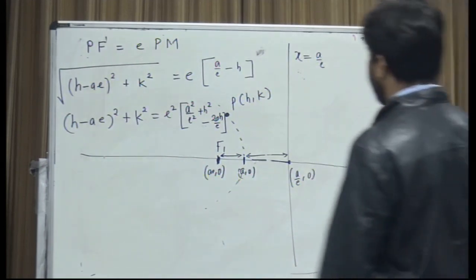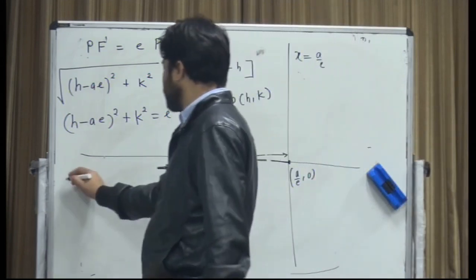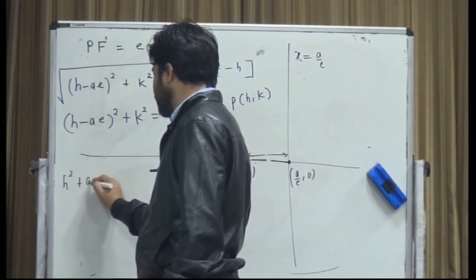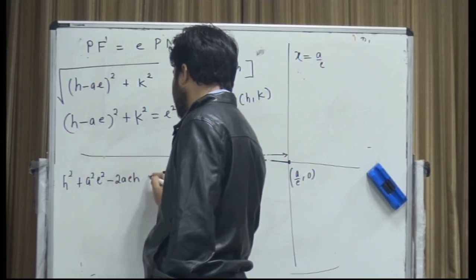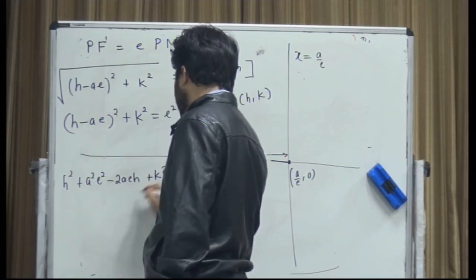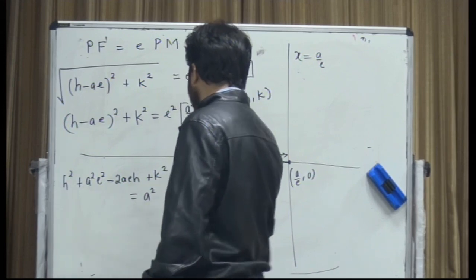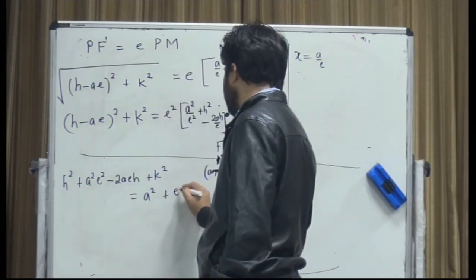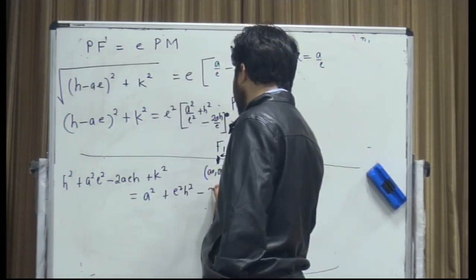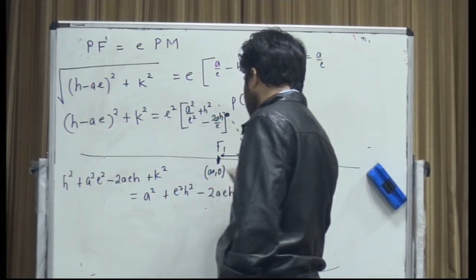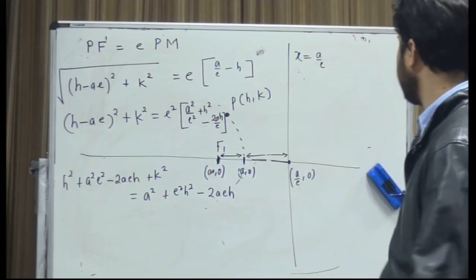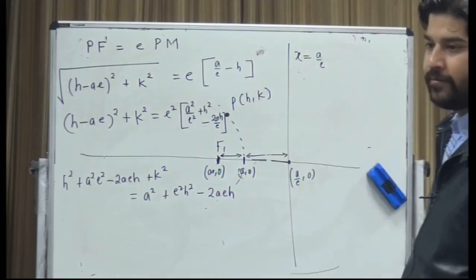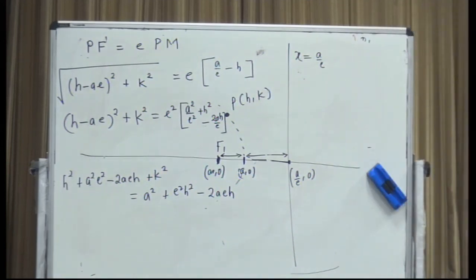Now expanding it, I'll get h square plus a square e square minus 2aeh plus k square is equal to a square plus e square h square minus 2aeh, right? e square I took inside, no problem.